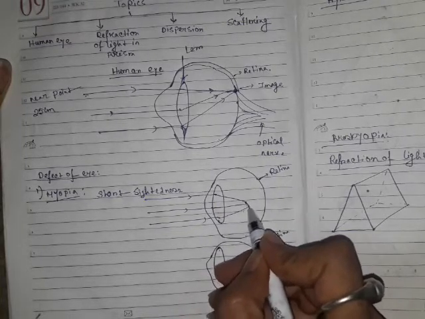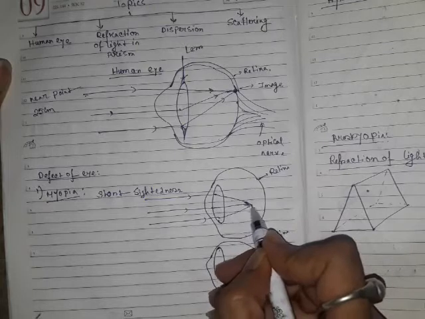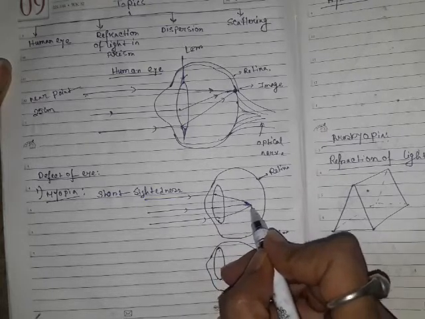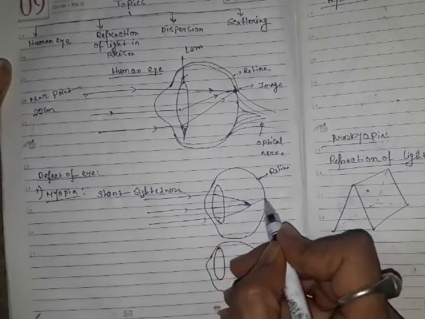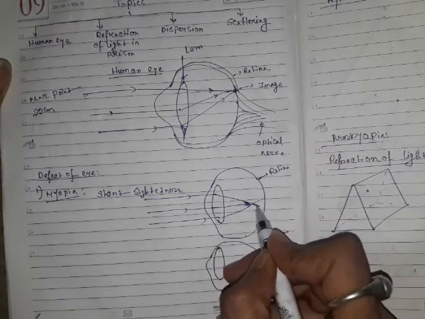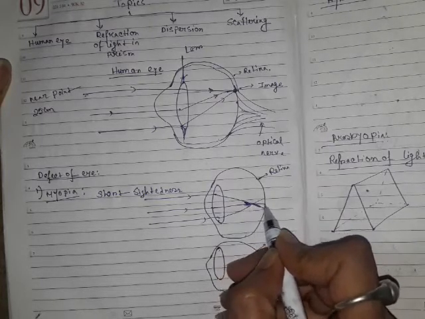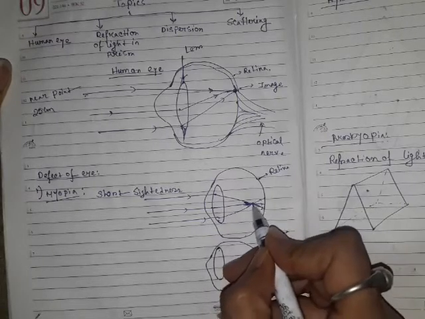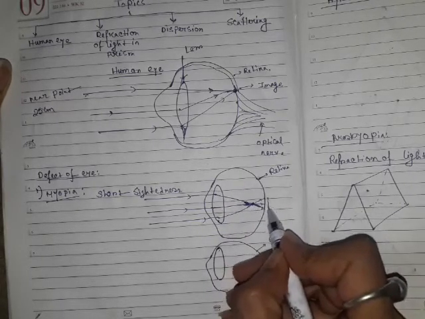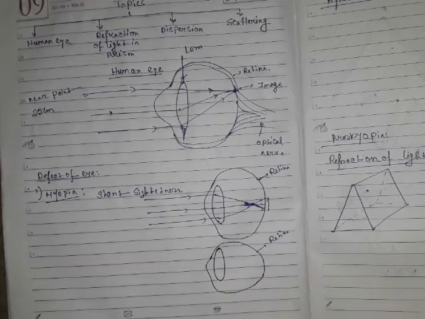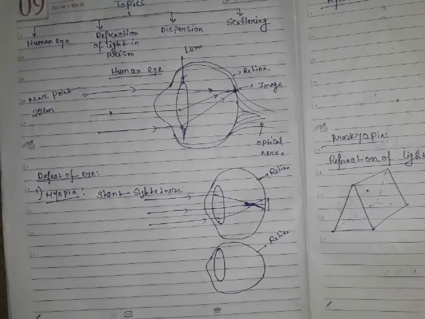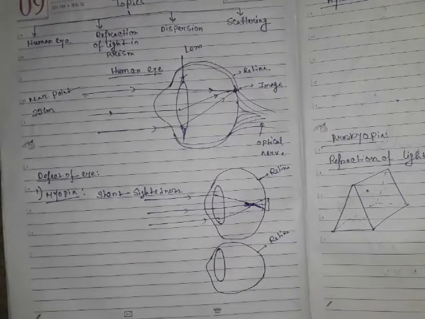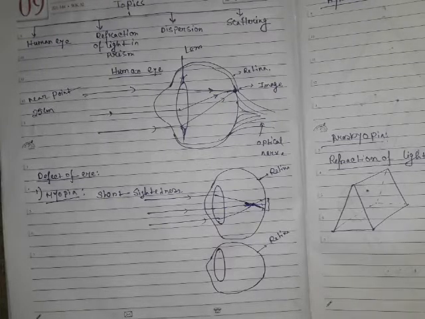That means the rays are not focused on the retina, rather close to the eye. So when these rays reach the retina, instead of creating a sharp image, they create a blurred image. That is the problem with myopia.